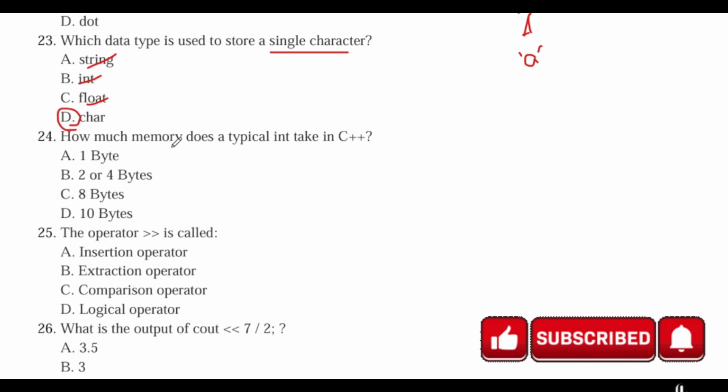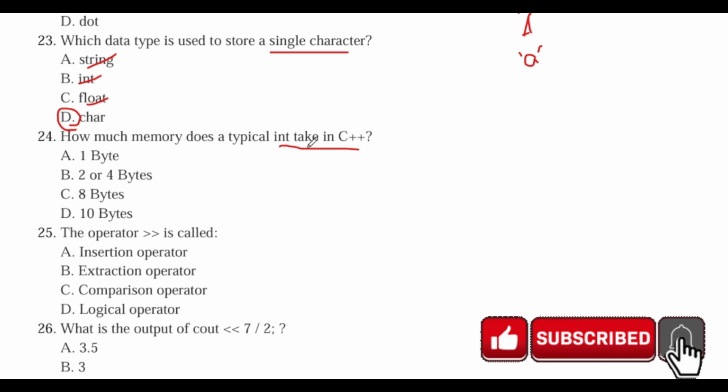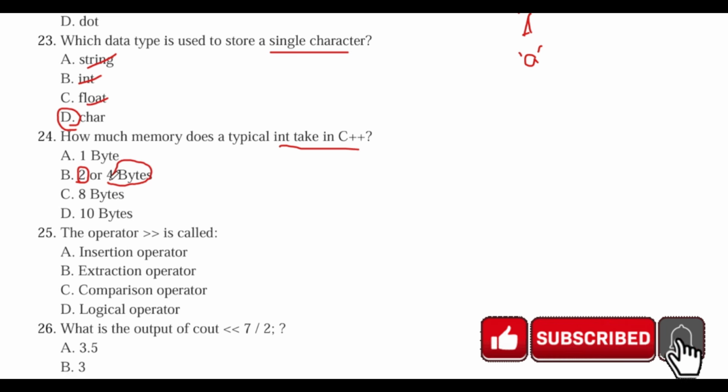Question 24. How much memory does a typical int take in C++? What is the size of the integer data type in C++? In old operating systems, it used 2 bytes. In modern operating systems, it uses 4 bytes.